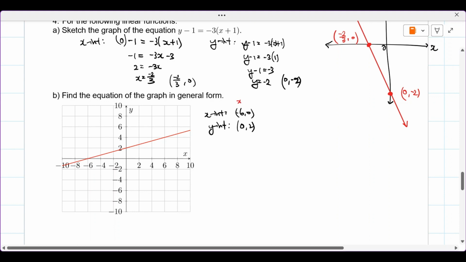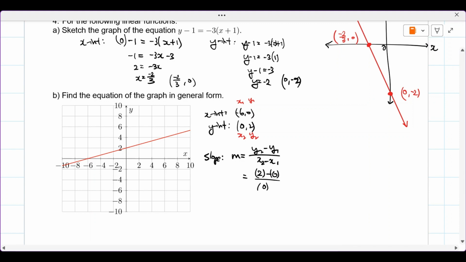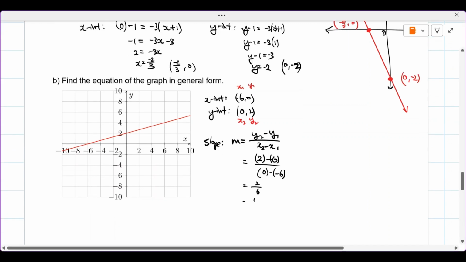So by assigning the numbers x1, y1, x2, y2, let's find the slope by using the slope formula. The slope m equals y2 minus y1 divided by x2 minus x1. Y2 is 2, y1 is 0, and x2 is 0, and x1 is negative 6. So that's 2 over positive 6, which is 1 over 3.